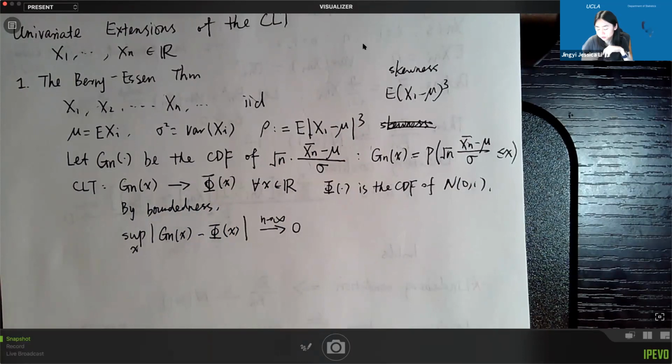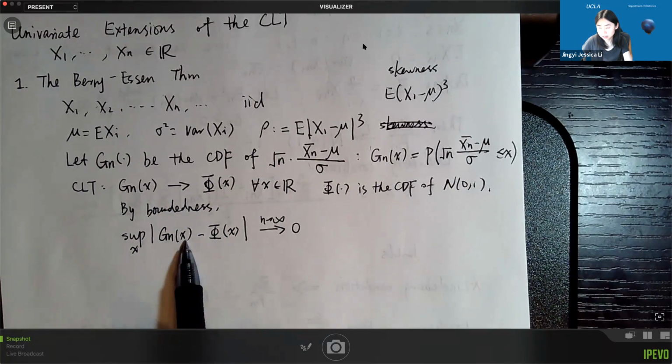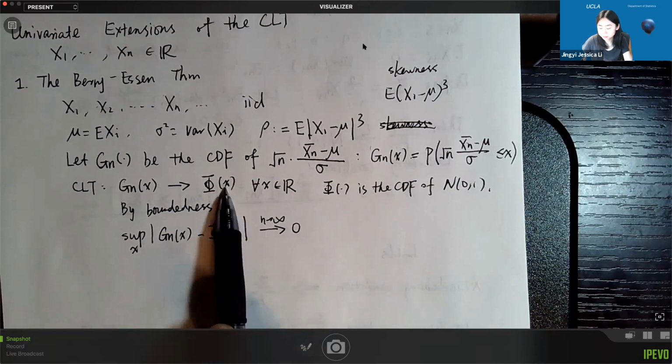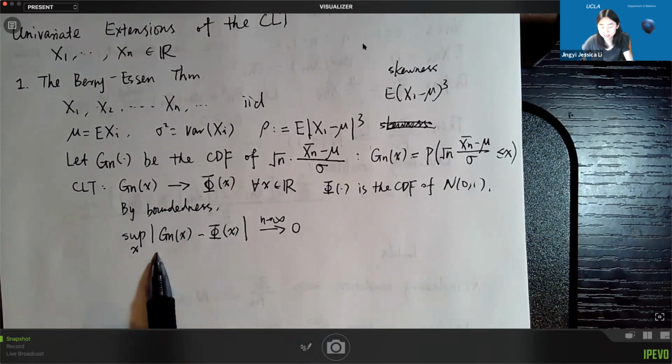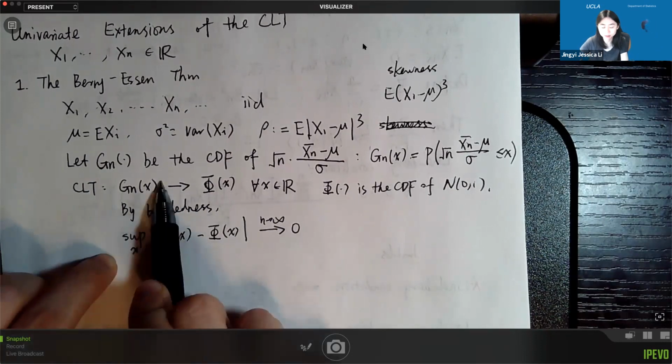When we say uniform convergence, we mean that given a very small error epsilon, the neighborhood size delta may depend on x in pointwise convergence, but here it doesn't depend on x. That's a very important distinction between the two, so uniform implies pointwise, but not vice versa.